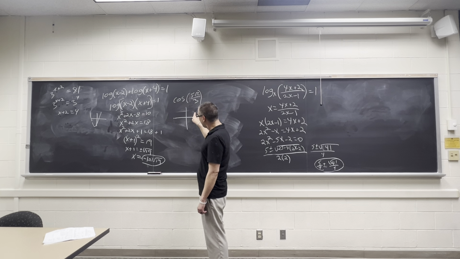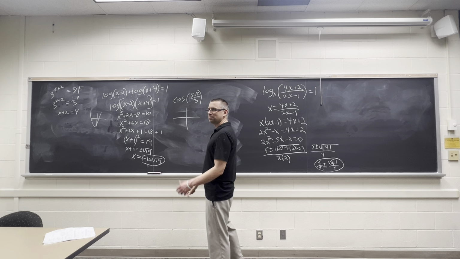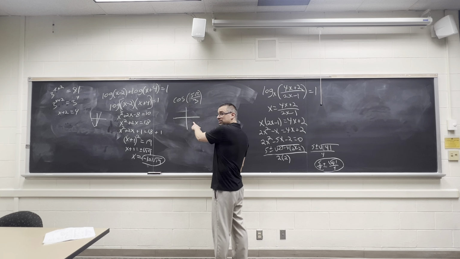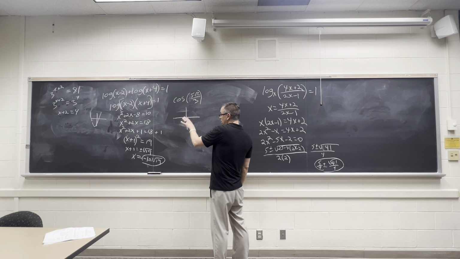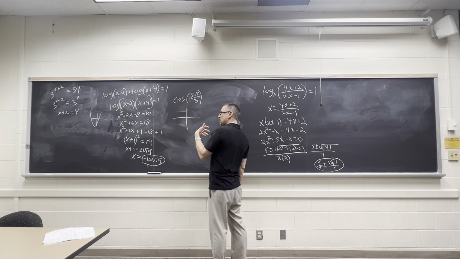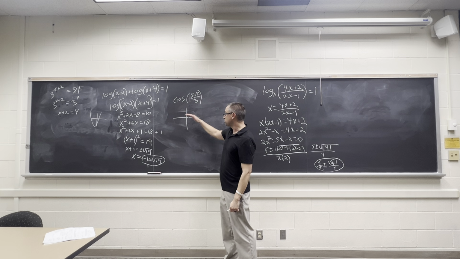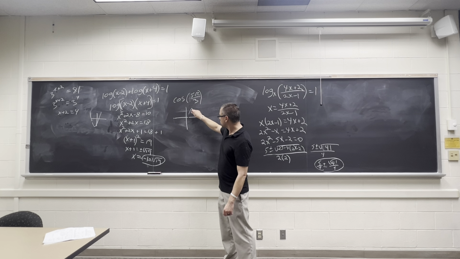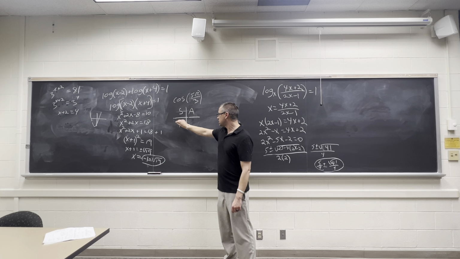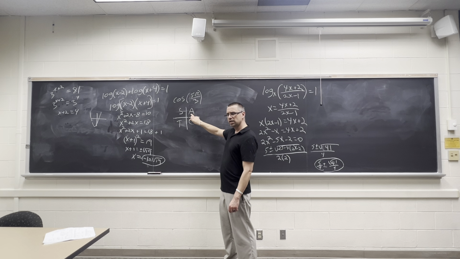Remember, all students take calculus, ASTC, all is positive. So cosine is positive, therefore cosine of 5 pi over 3 is the same as cosine of pi over 3, the same reference angle, because pi over 3 gets you back to the x-axis.